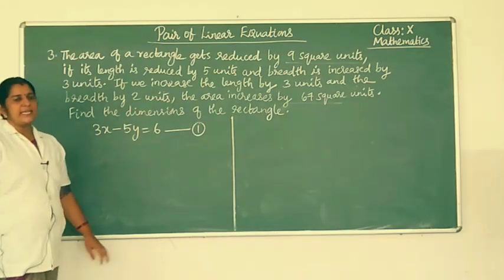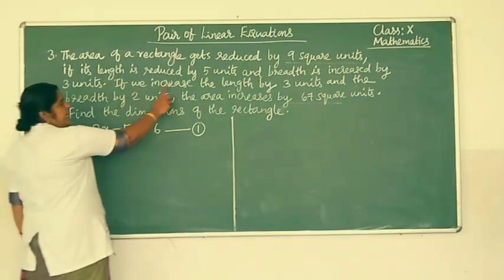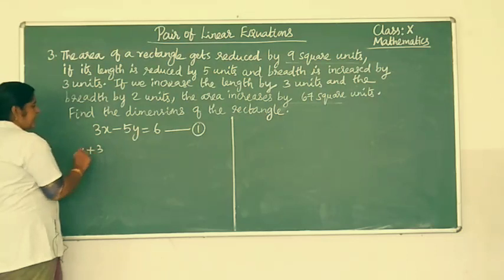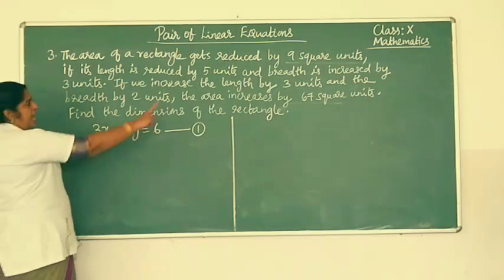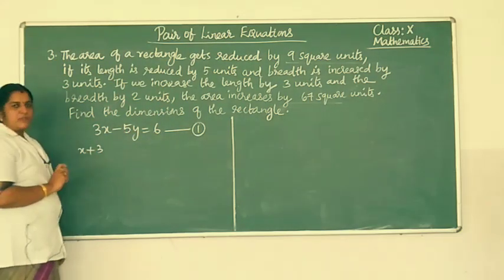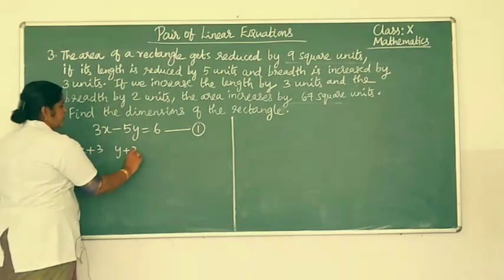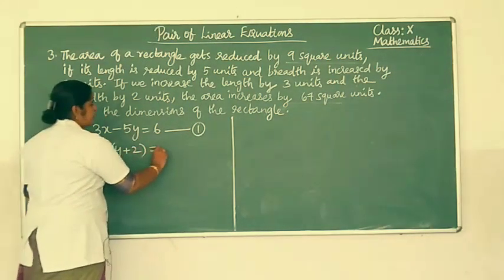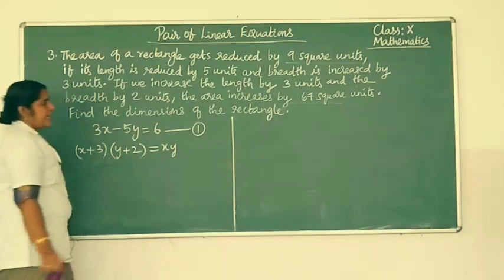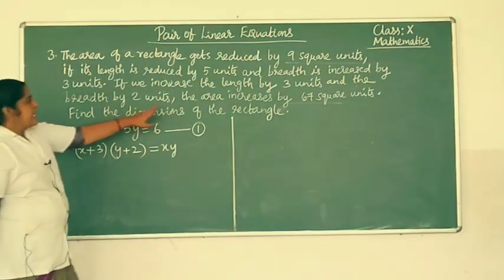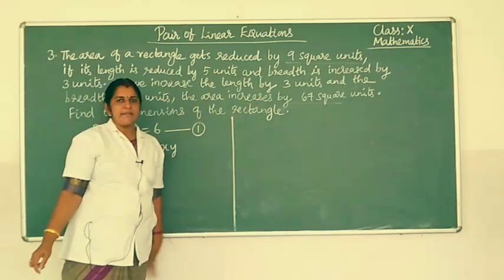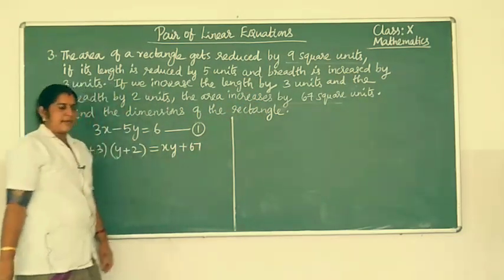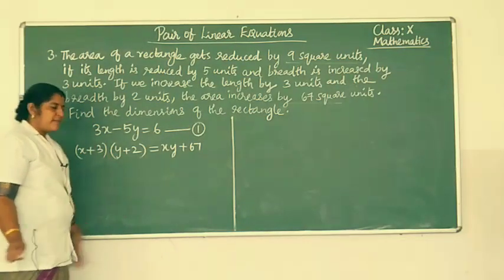Now what about the second case? If we increase the length by 3, that is x plus 3, and breadth is also increased by 2, that is y plus 2, then when you multiply this length and breadth, what happens to the area? Area xy increases by 67 square units, that is xy plus 67. Now again we need to simplify this.